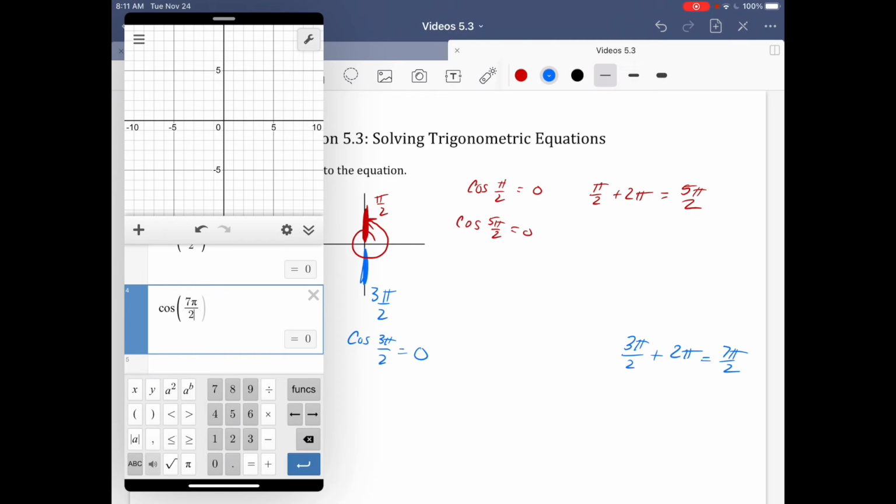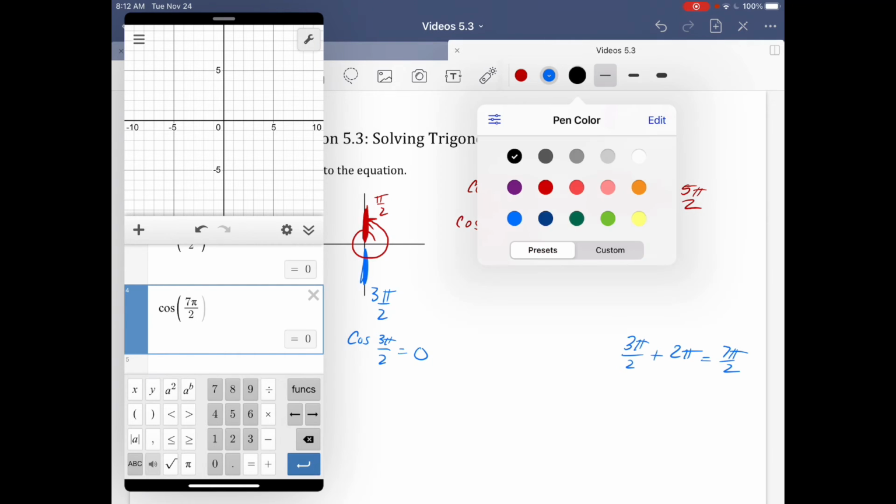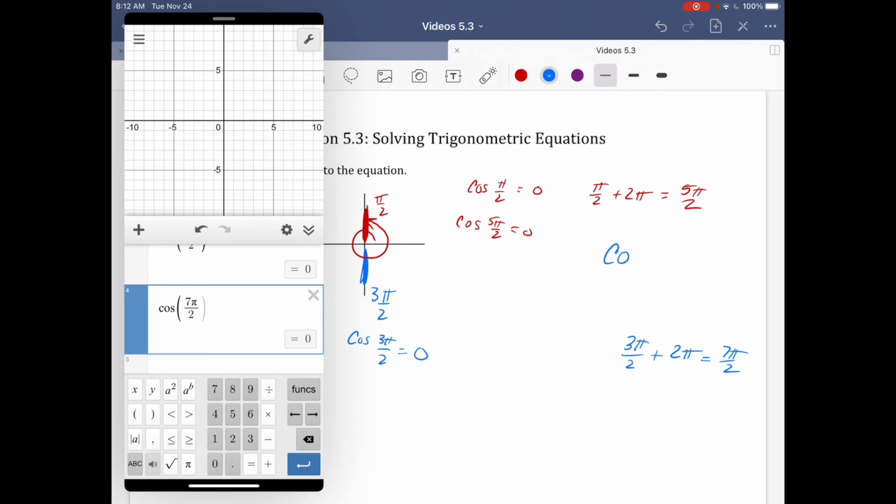So basically what's happening is, remember, any angle that ends in either the red spot or the blue spot has a cosine of 0. That's the idea of that big word, coterminal. Right?